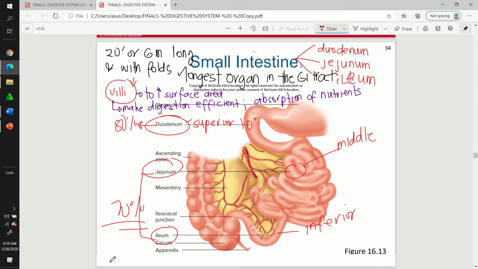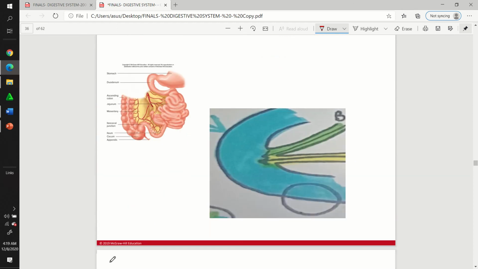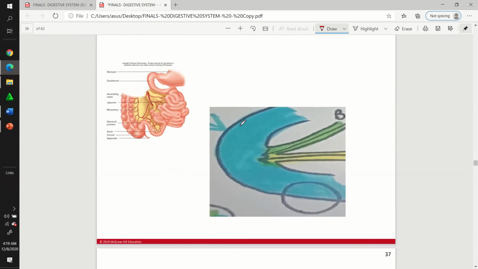Now, take a look at this figure. In your small intestine, as you can see, this is your duodenum.